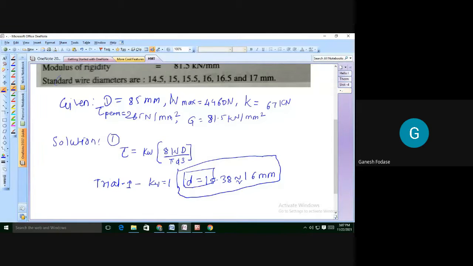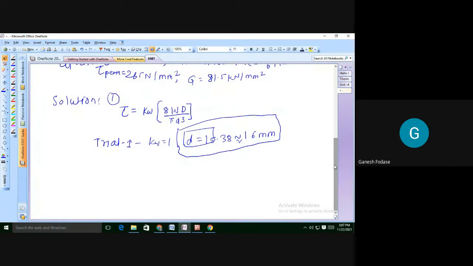This is by trial, because KW is not known exactly. Now, trial 2. Let the initial value of wire diameter, d is equal to 16 mm, be used to find C and KW. Whatever we got in the first step, that is d equal to 16 mm, we are using to get the value of C and KW.